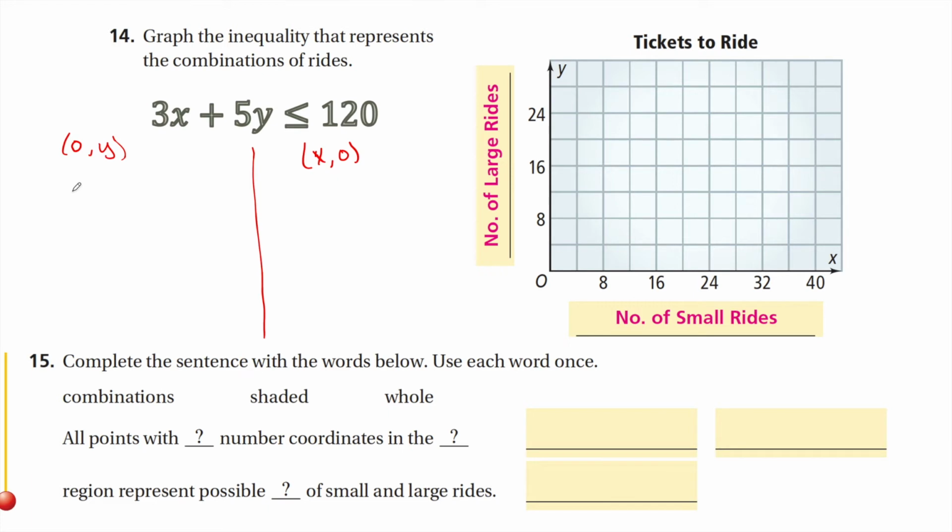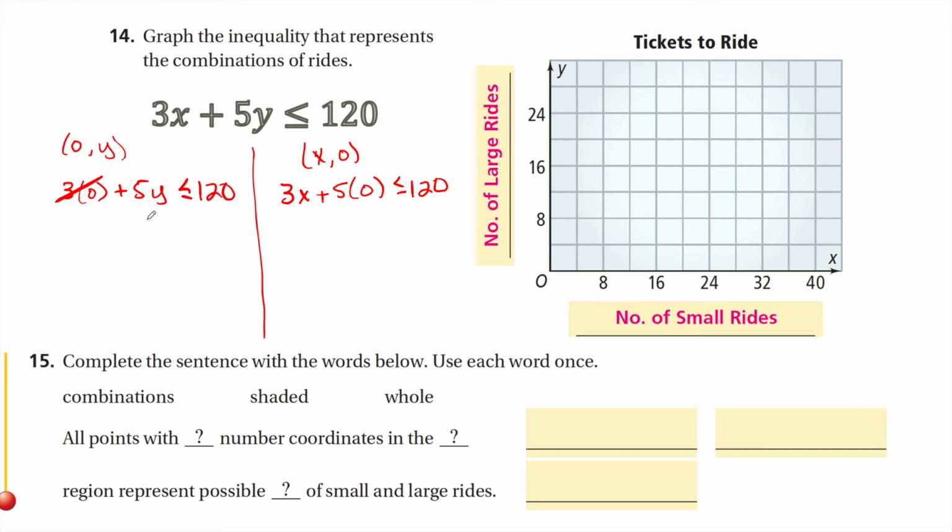So we get 3 times 0 plus 5y is less than or equal to 120. And we'll also get 3x plus 5 times 0, again, is less than or equal to 120. This cancels out. 3 times 0 is just going to be 0, so we're really left with 5y is less than or equal to 120.